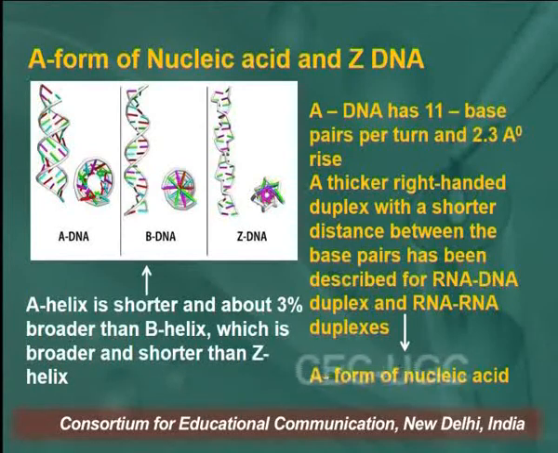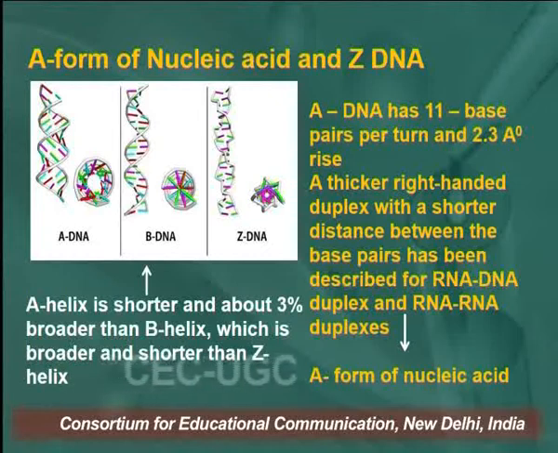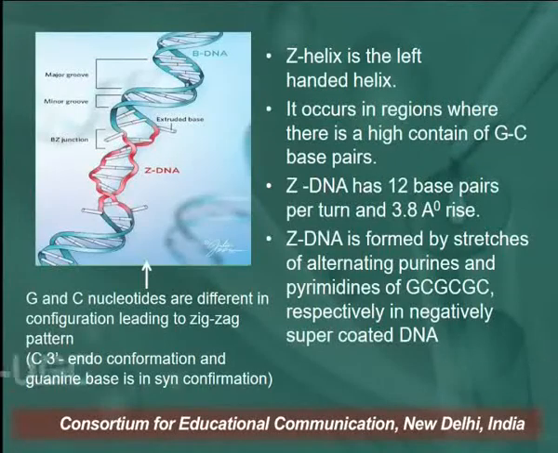A thicker right-handed duplex with a shorter distance between base pairs has been described for RNA-DNA duplexes and RNA-RNA duplexes, which is the A form of nucleic acid. The A helix is shorter and about 3% broader than the B helix, which is broader and shorter than the Z helical structure of DNA. Learners, the Z helix is the left-handed helical structure.